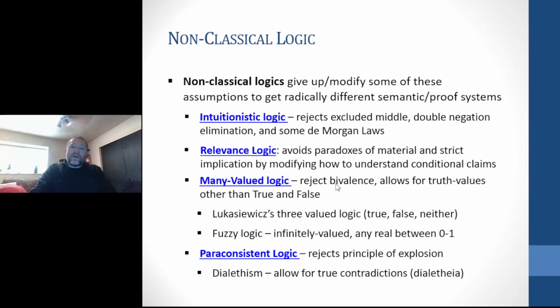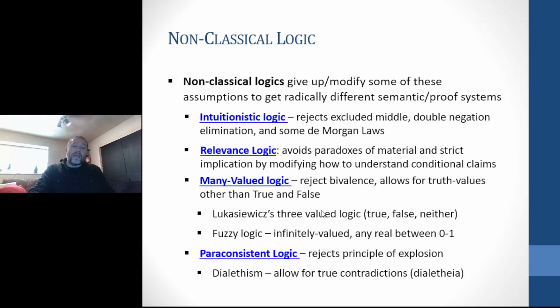Or many-valued logics reject bivalence. They allow for more truth values. For example, Łukasiewicz gives a three-valued one where you have true, false, and neither. Notably, once you have more than these, you have to go back and rethink your characteristic truth tables. So there are lots of neat ways to extend this. Again, there are these options, and there might be some circumstances where they're really useful.